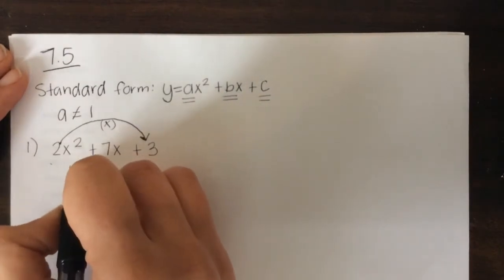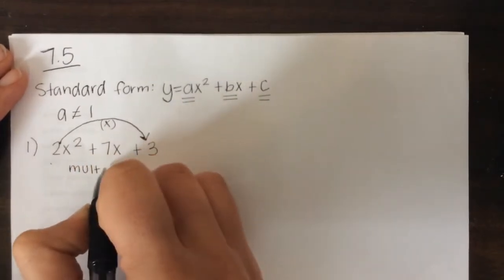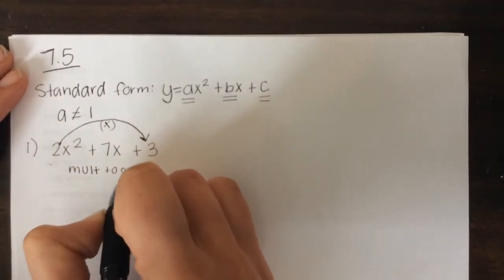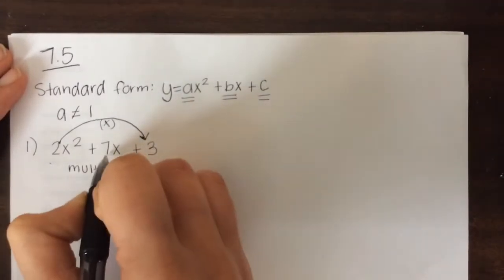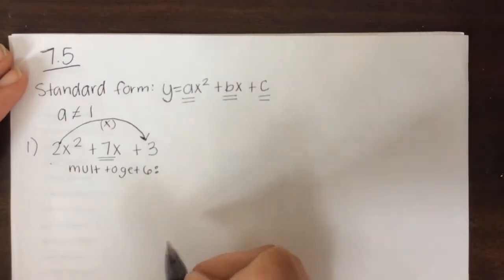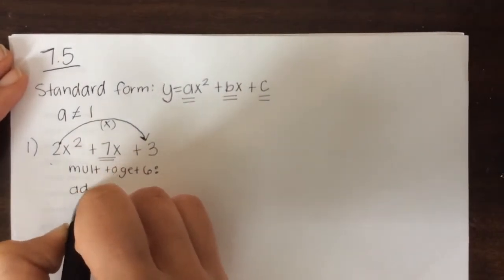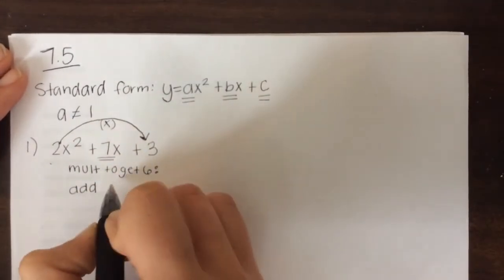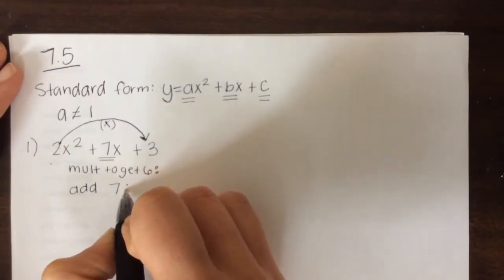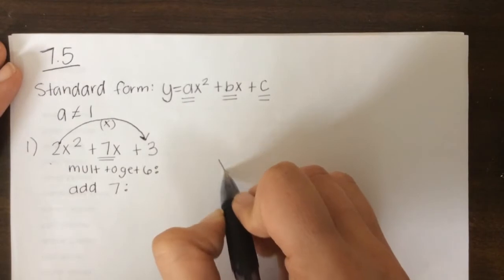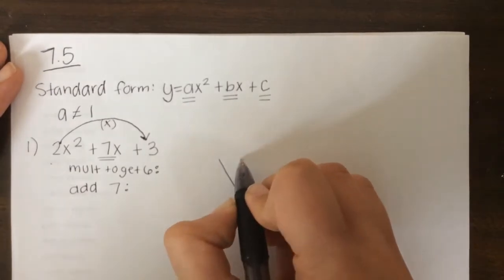So we're looking for factors of 6, things that multiply to get 6, and things that add to give me that middle number. So things that multiply to give me 6 that add to give me 7. You may see it done as a product like this.